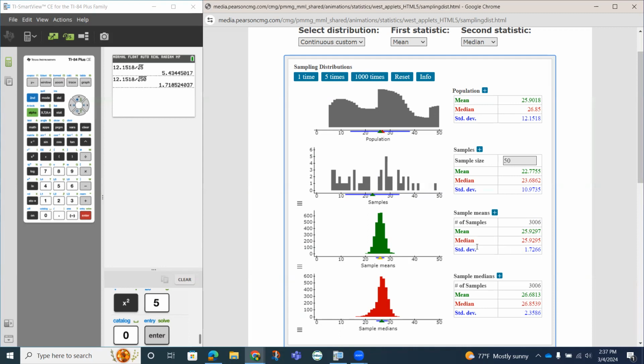That's what this is saying: if you don't have something that's normally distributed to begin with, but you have a sample size of 50, the sample means are going to be a normal distribution. And since it's normally distributed, all the bells and whistles go along with that.